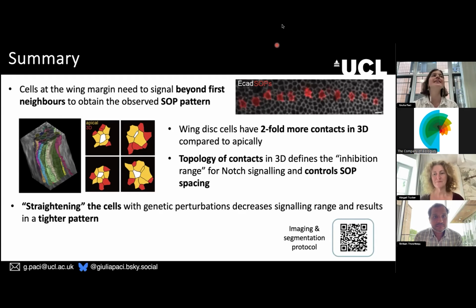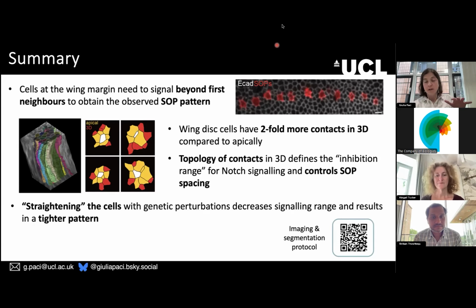Of course, in an ideal world, you would want to find the perfect perturbation that only changes one feature without affecting anything else. In reality, yes, we think that there is volume conservation. It seems that the cells divide a bit less in that condition, so you end up with slightly larger cells. Interestingly, the apical packing is identical, so they have exactly the same distribution of roughly 6 neighbors apically.